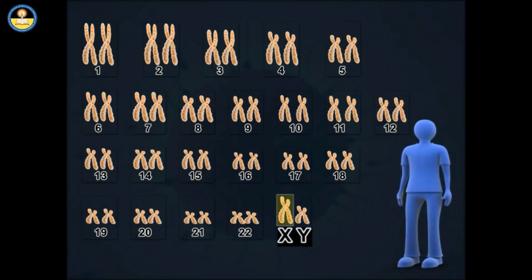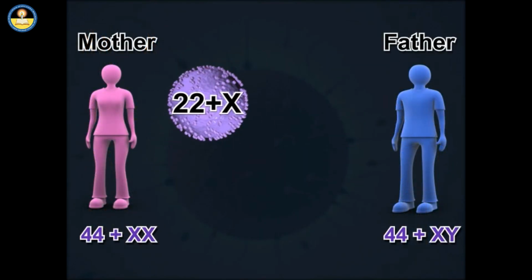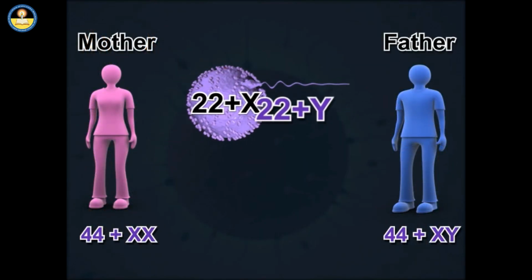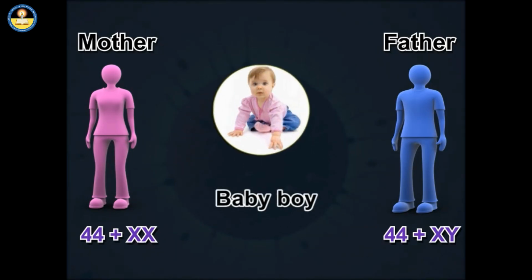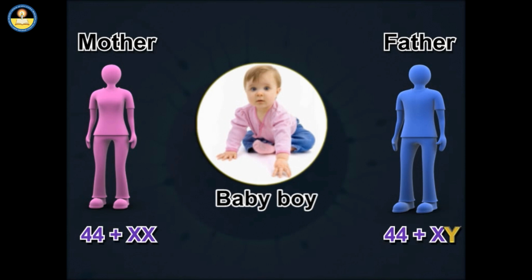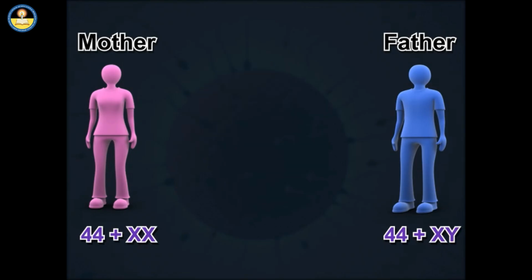Males have 1 X chromosome and 1 Y chromosome. The presence of the Y chromosome in the fertilized egg leads to a baby boy. A single Y chromosome is sufficient to produce maleness, while its absence is necessary for femaleness.